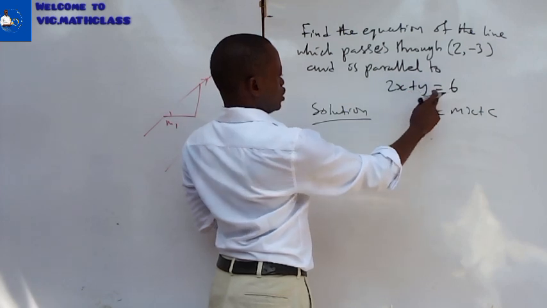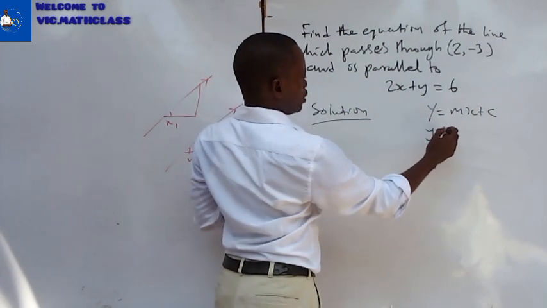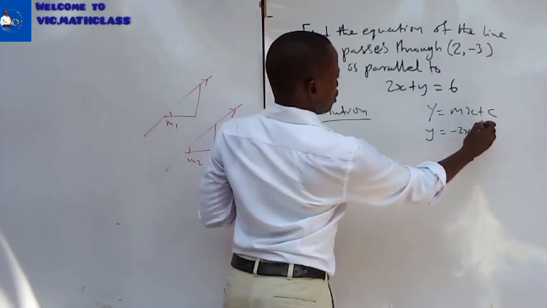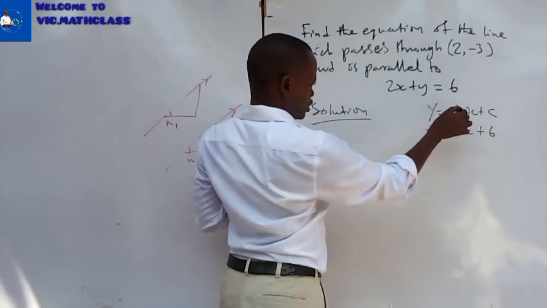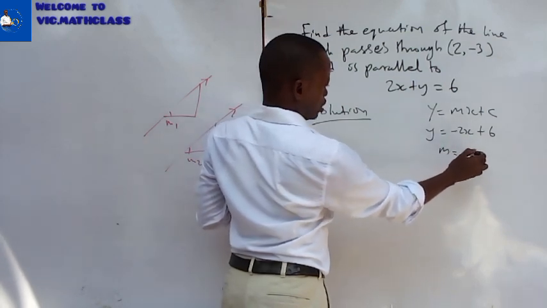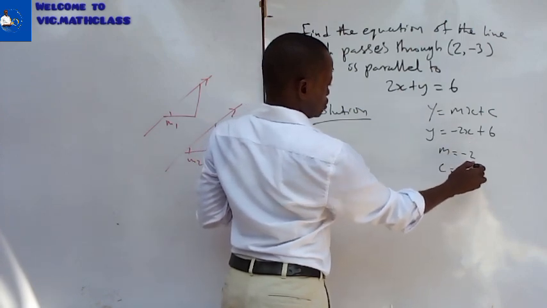If I transfer this over here, I will have y equals minus 2x plus 6. You realize here that m, which is the gradient, is minus 2, and c, the intercept, is 6.